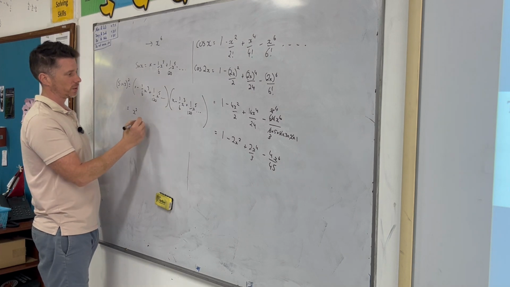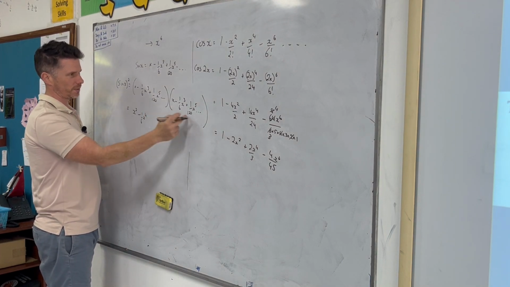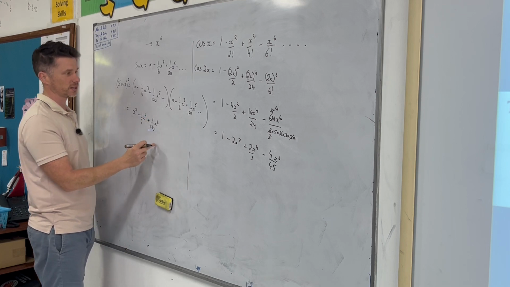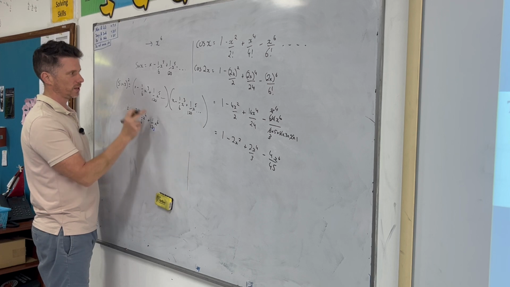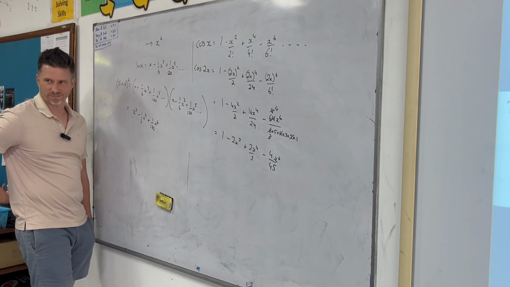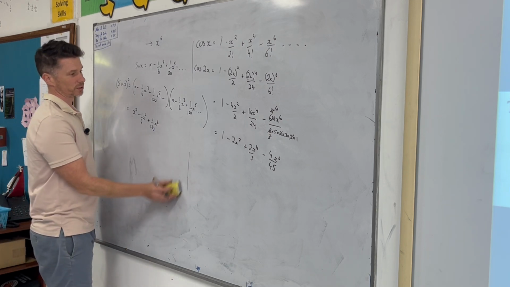I can't think of a quicker way. Minus 1/6 x to the 4, so I'm multiplying by x each time here. 1 over 120 x to the 6, because x times x to the 5. I think this is probably the quickest way. What do you reckon? Probably is, unfortunately.